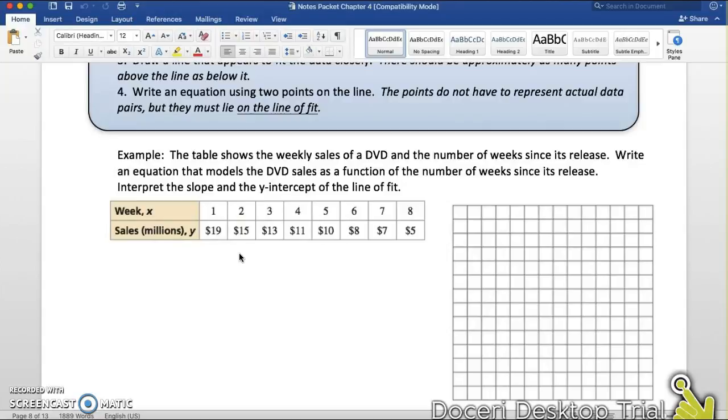So we need to label our axes. Okay. So over here we have our y-axis, which is sales in millions. And down below we have our x-axis, which is weeks.